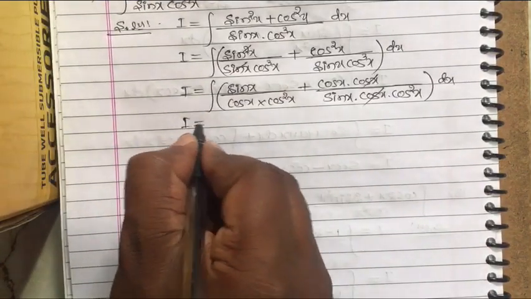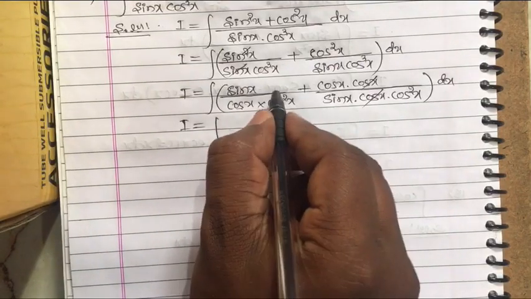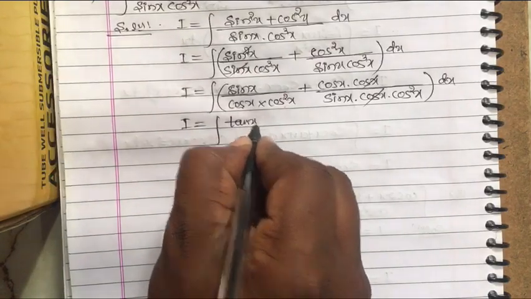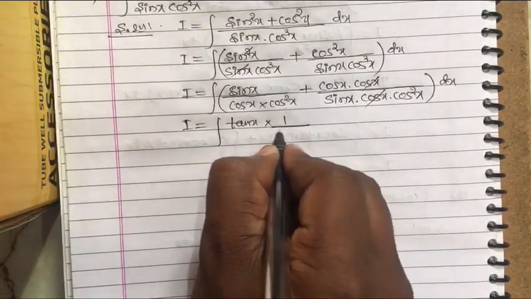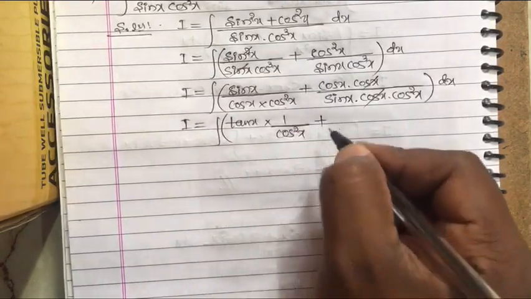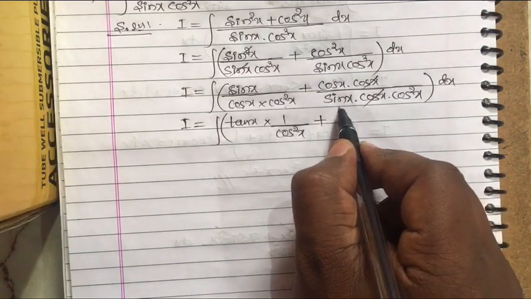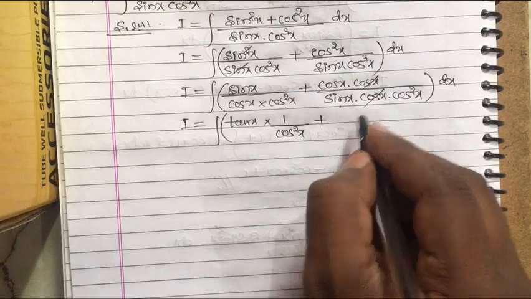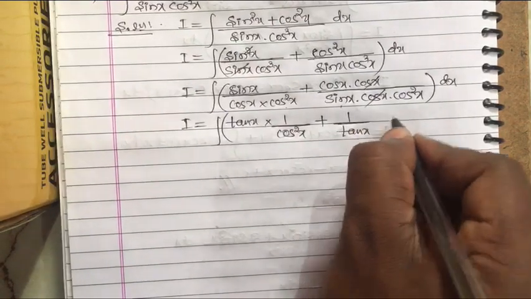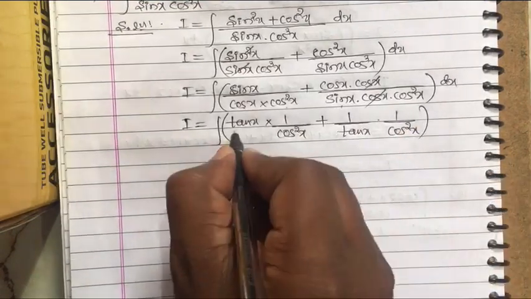I equals integral sin x by cos x, which is tan x, and 1 by cos square x I write as it is: tan x into 1 by cos square x, plus cos x by sin x, which is cot x, or it can be written as 1 by tan x, into 1 by cos square x dx.